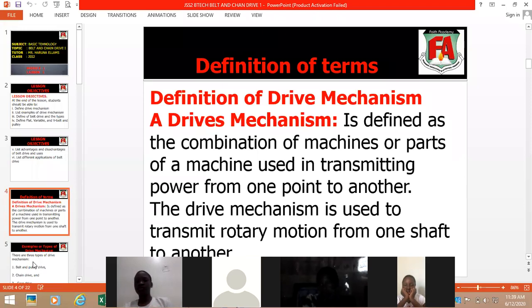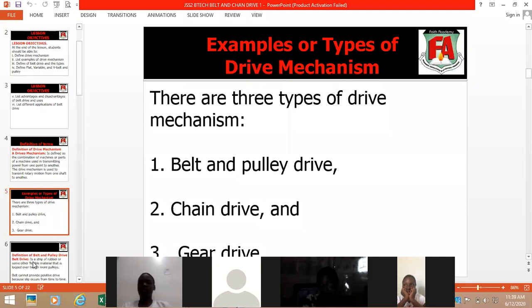Okay. Let's look at the examples or types of drive mechanism. We've seen what a drive mechanism is all about. What are the examples of drive mechanism?